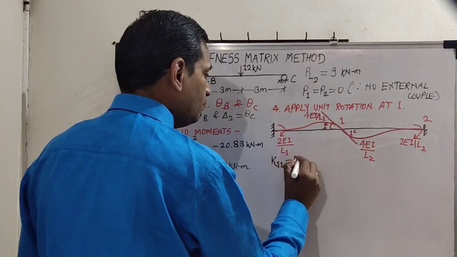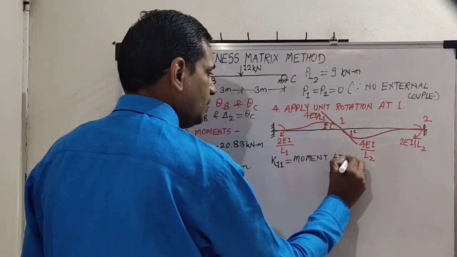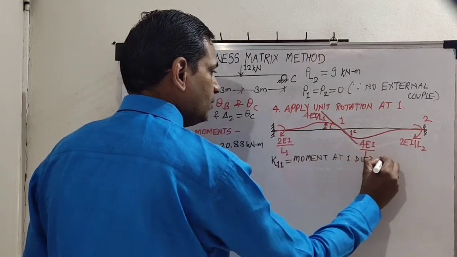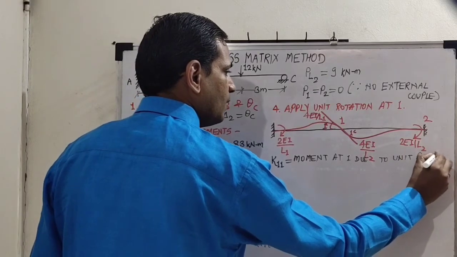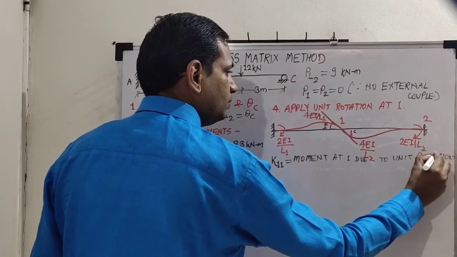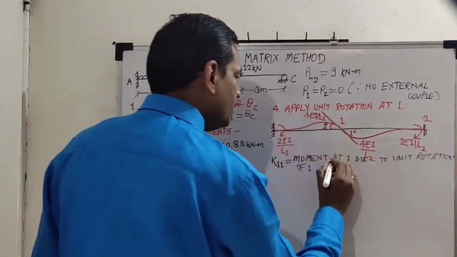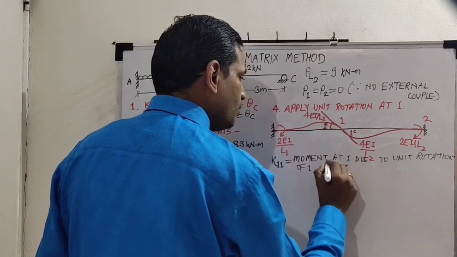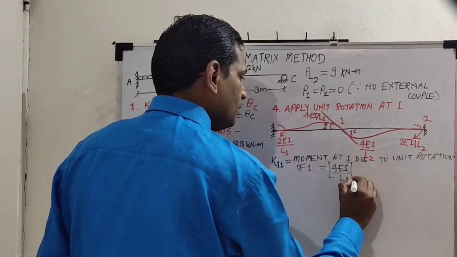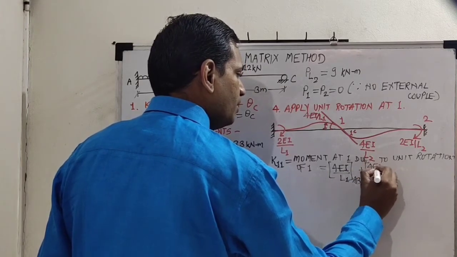Moment at 1 due to unit rotation of 1. So value is 4EI by L1 which is from span AB plus 4EI by L2 which is from span BC.